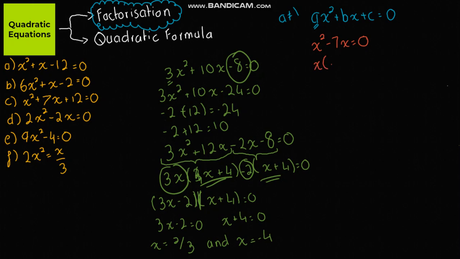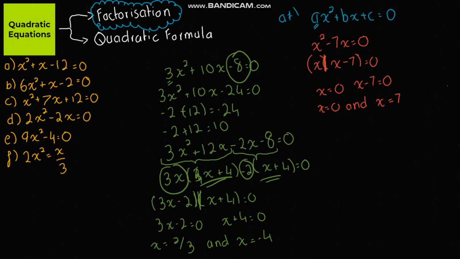The common factor is x, leaving x minus 7, and we treat it as if it were a quadratic equation. Now as you can see, if we added brackets, x would be equal to 0, that would be one of them if we divided it, and x minus 7 would be equal to 0. So therefore x is equal to 0 and x is equal to 7.